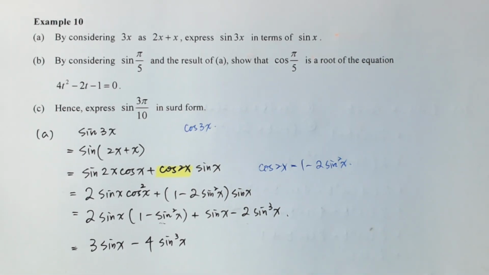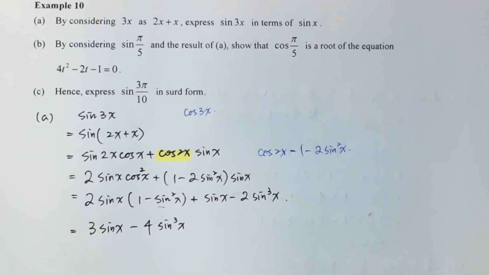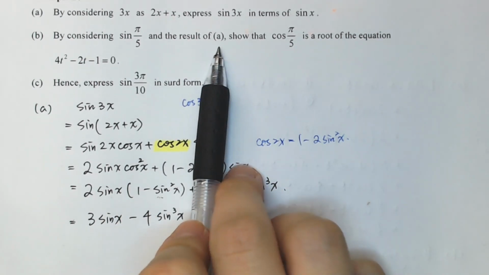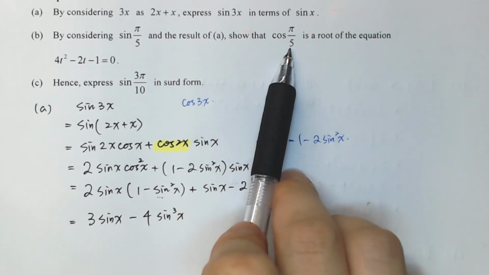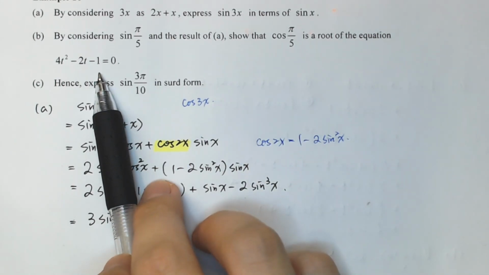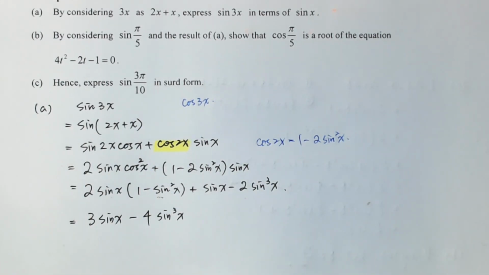Now part B is the most difficult part. By considering sine of pi over 5 and the result of A, you need to show this number is a root of this equation. Now, what do we have for part A?